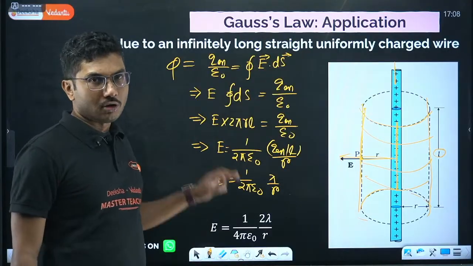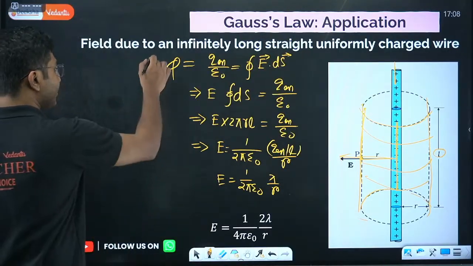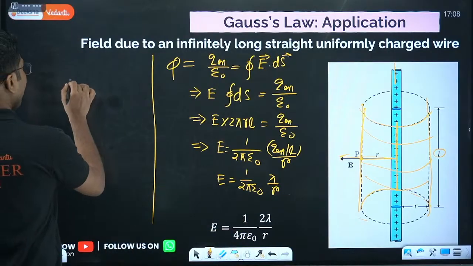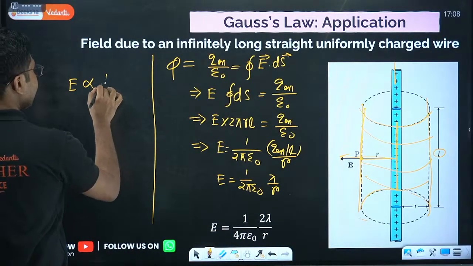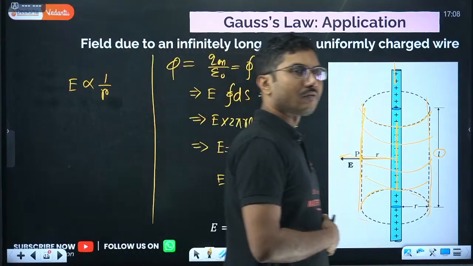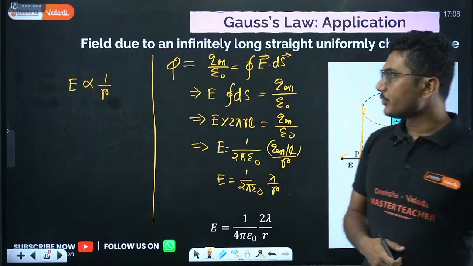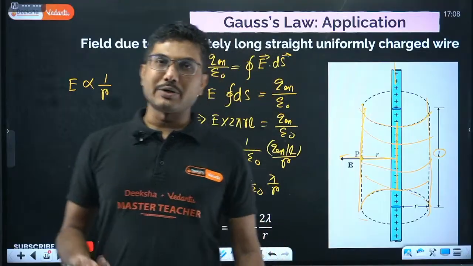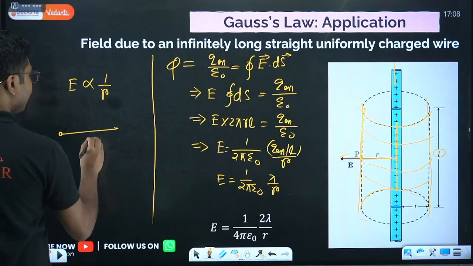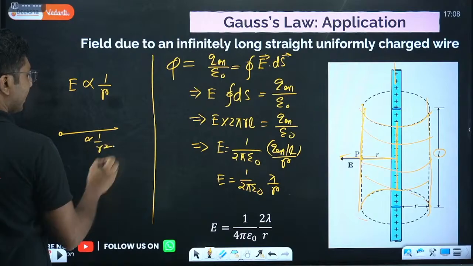Numerical questions do come based on this formula. And one more important point is that the electric field is inversely proportional to the distance. Normally, for a point charge, the electric field is inversely proportional to 1 by r square, right?